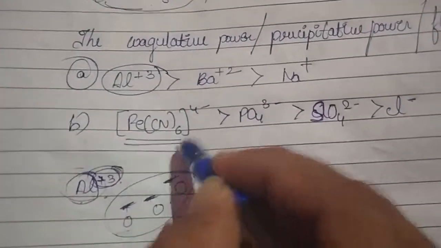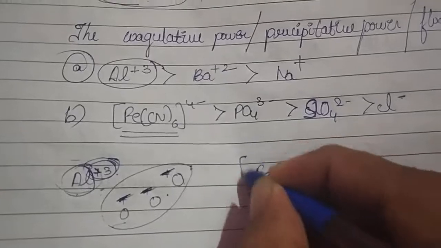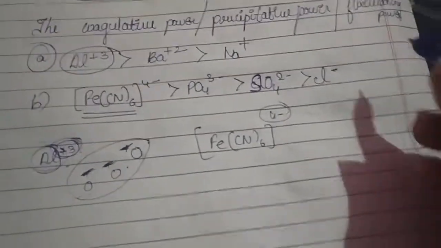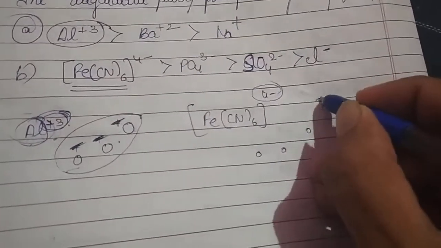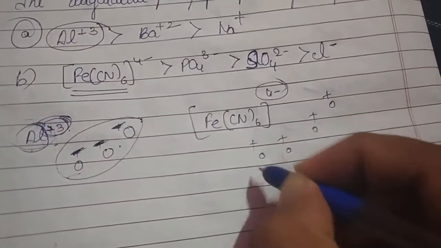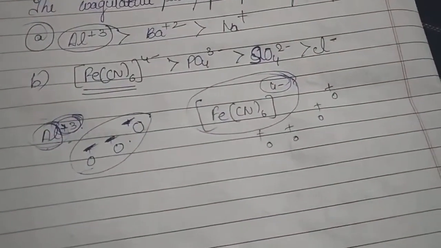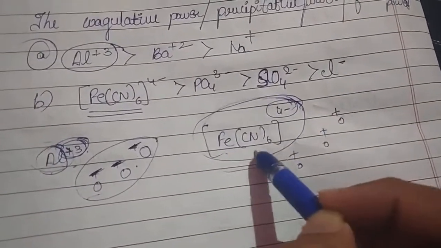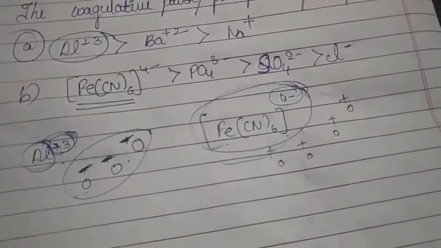Similarly, when I choose Fe(CN)6 4-, that means it has 4. So you can coagulate 4 positively charged colloids by taking just 1 mole of Fe(CN)6 4-. So 1 part of Fe(CN)6 4- is equivalent to how many colloidal particles? 4 colloidal particles.